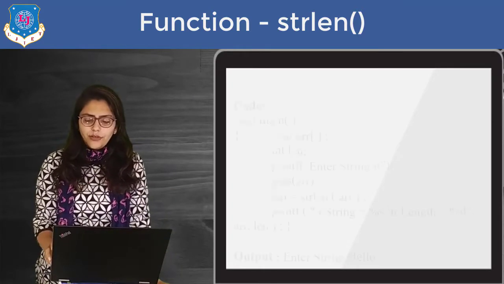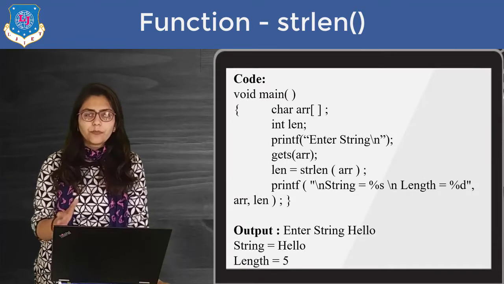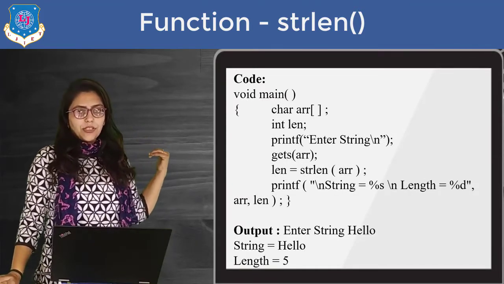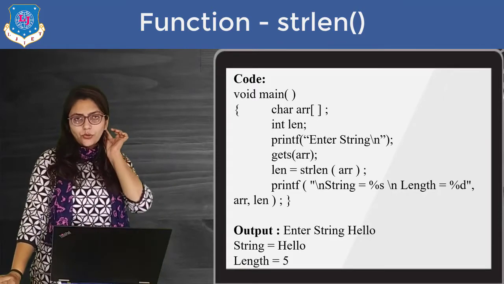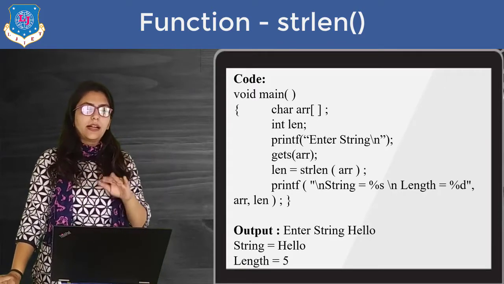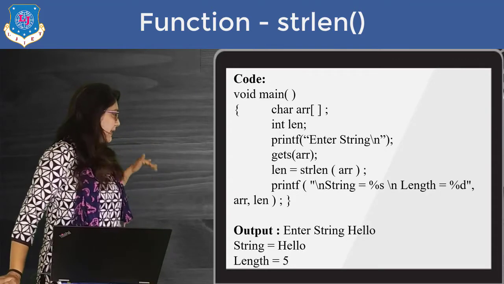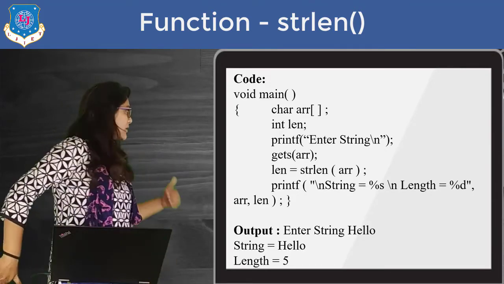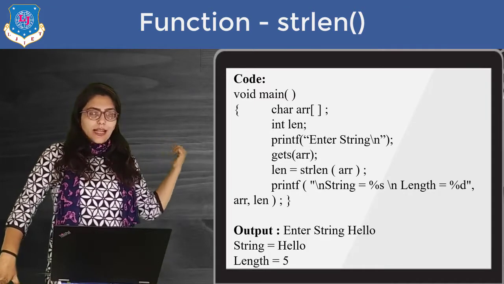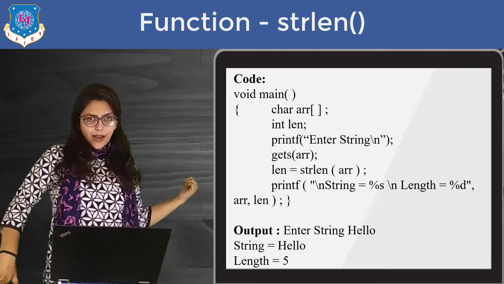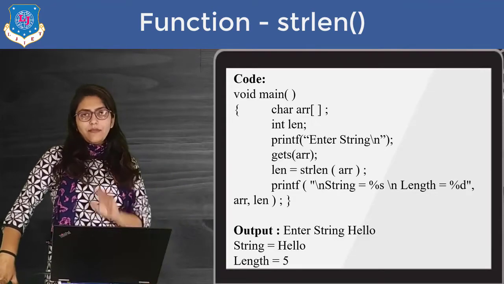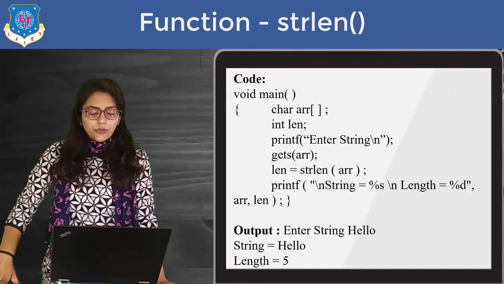You can pause the video and type this code inside your IDE, but we are going to do the coding later on, so I am just skipping this code right now. In this code I have entered the string hello and I was finding its length, which gives me output 5. So if the user enters the string hello, it will give output 5, and we are going to see this, so don't worry.